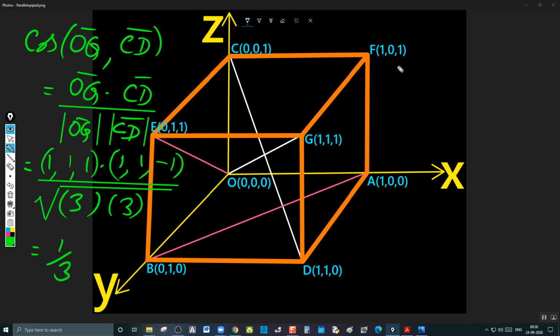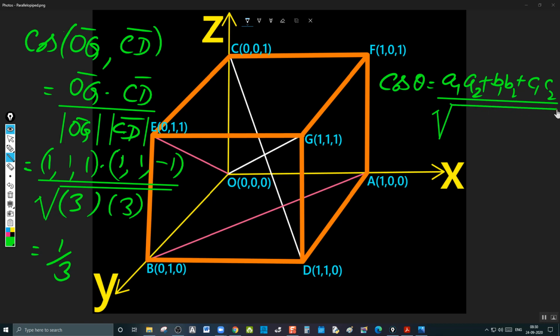Arre yaar, I did it in vectors. Everyone knows that cos theta is equal to a1 a2 plus b1 b2 plus c1 c2 divided by root over a1 square plus b1 square plus c1 square into a2 square plus b2 square plus c2 square. Sigma a1 square, sigma a2 square.